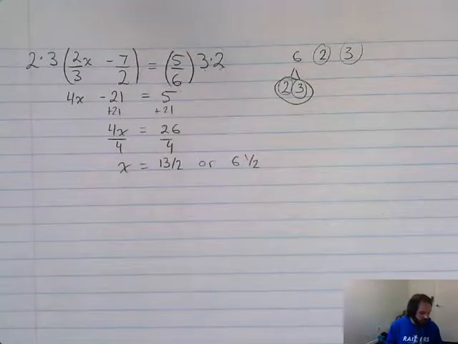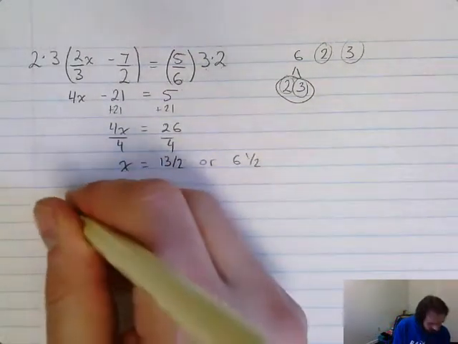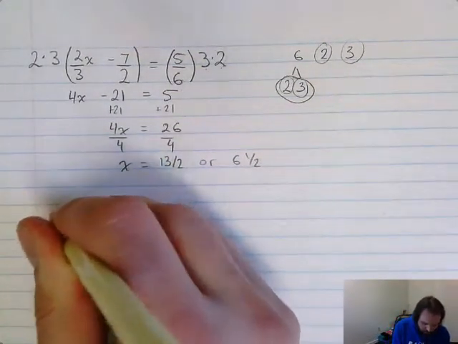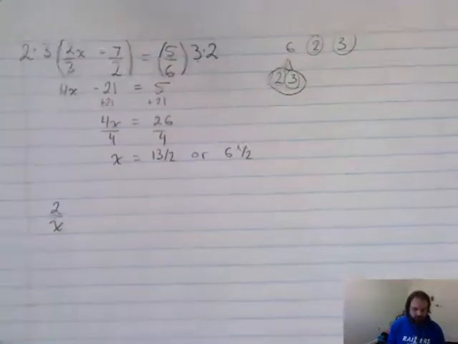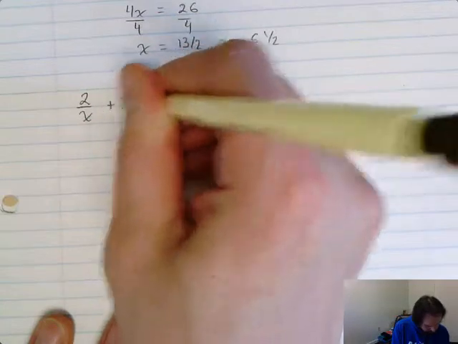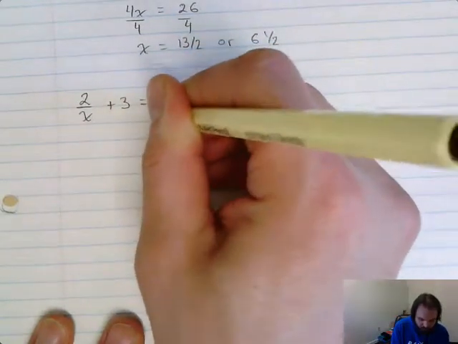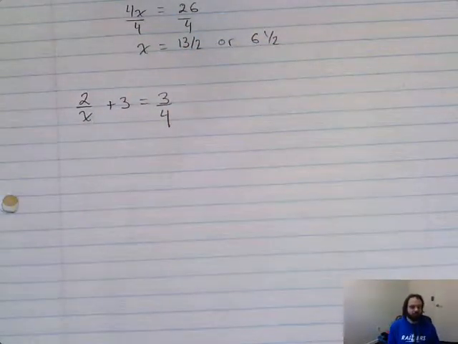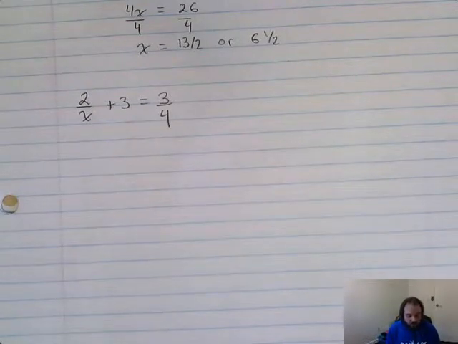So let's take a look at my next example here. This one's a little bit trickier. We have 2 over x plus 3 is equal to 3 over 4. All right? So once again, what do we have here?